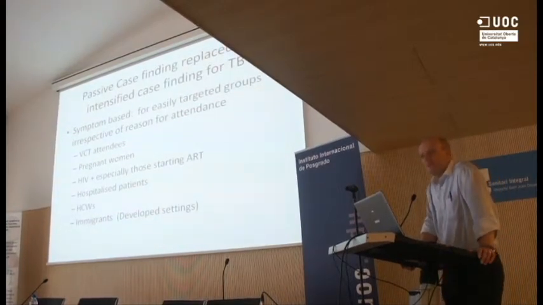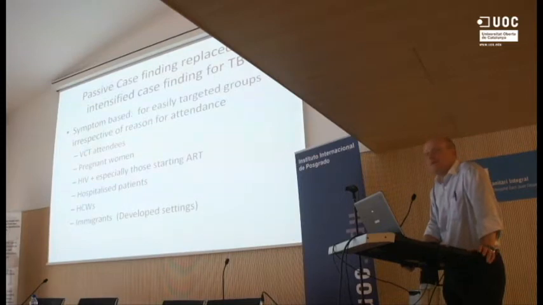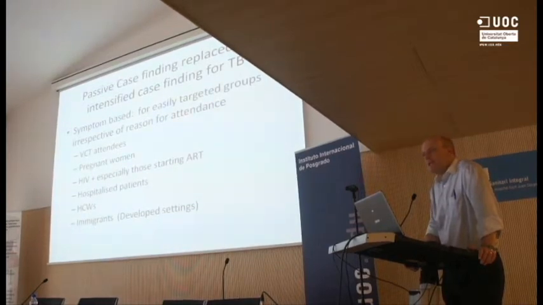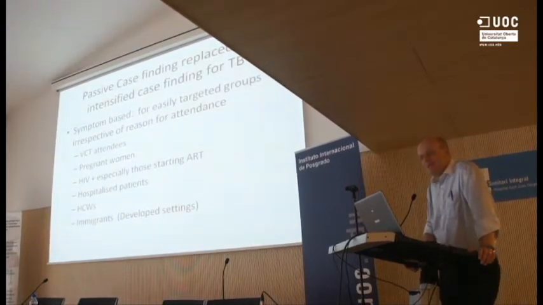is intensified case finding, which is essentially going out and trying to find cases of TB before they've had time to spread to other people, and before they've had time to develop morbidity and mortality related to their TB disease.